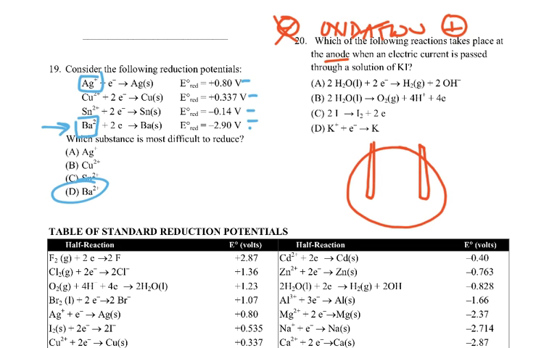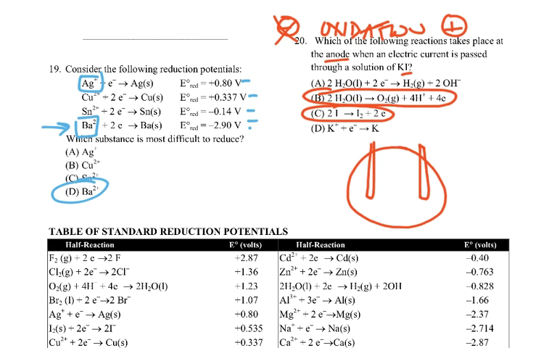Now, who's going to be attracted to the positive side? The negative iodide is going to be there. So one possibility is that the I minus is going to lose electrons. But we also always have the option that maybe the oxygen is going to get oxidized. So either the iodide could lose electrons, or here's this water that could lose electrons. So these are both possibilities.